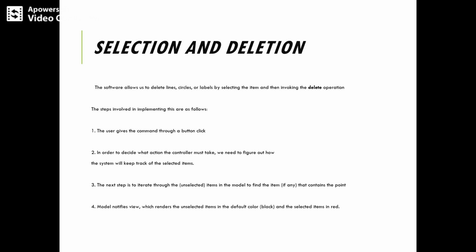One thing we need to note is that the model only stores a separate list of the selected items. It is the view that decides how the two lists are to be rendered. That is the job of the view.